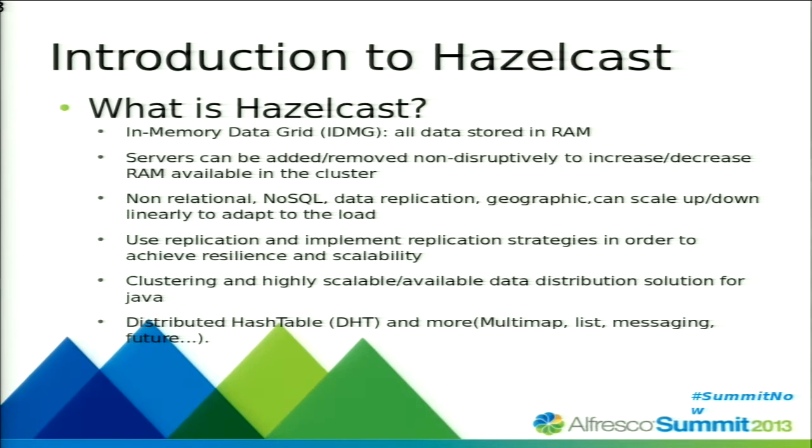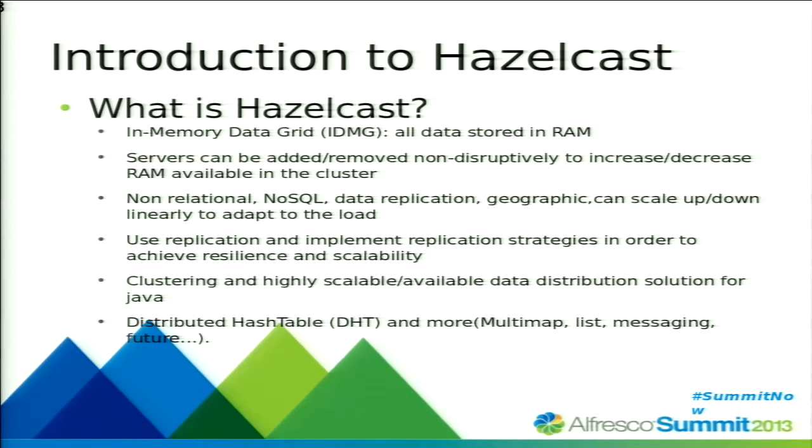The last point is about the data structures that Hazelcast can manage. It's basically hash tables and derivatives, like a multi-map, which is like a hash map, but where one entry can correspond to many values. It's lists, and another interesting thing is that it includes a messaging system and also a future system, meaning you can execute a piece of code on one of your nodes asynchronously and get the result later on.